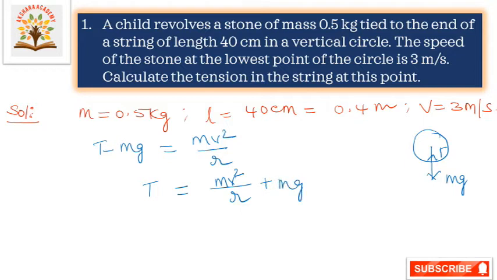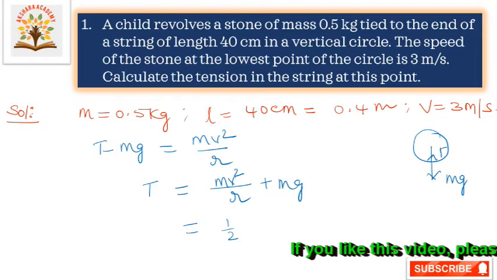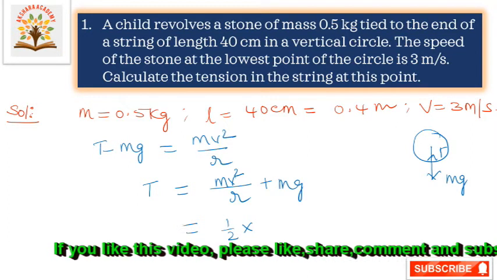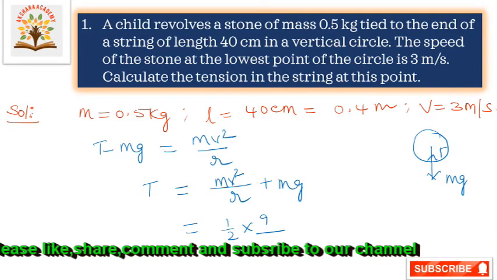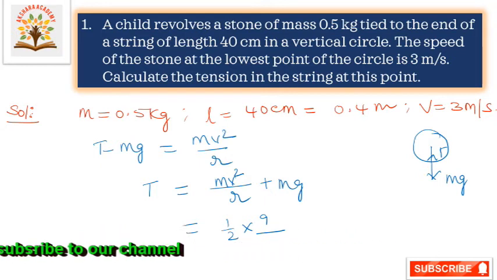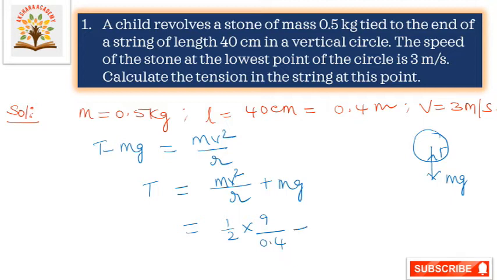Now substituting values, 0.5 we write as 1 by 2, into v square, 3 square is 9, and r is 0.4, plus m, 1 by 2, into g, acceleration due to gravity, 10. Now 2 ones, 2 fives.